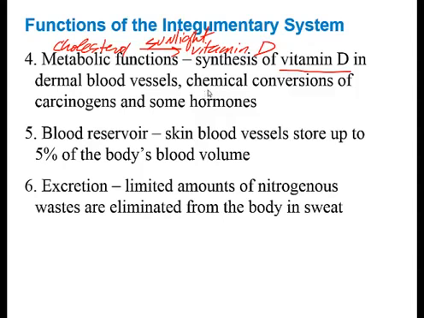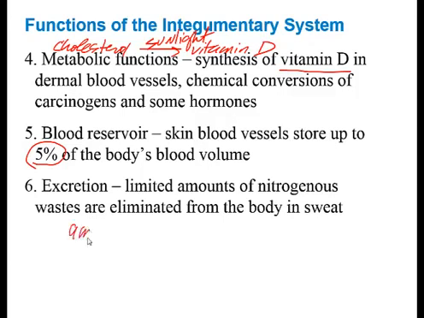And then the fifth function is the blood reservoir, and it's important to remember that up to 5% of the body's blood volume is actually stored in the dermal blood vessels. So the dermis has a great ability to move blood to where it's needed the most. And then the sixth and final function is excretion, and this would be the elimination of nitrogen waste from the body, nitrogenous waste compounds.